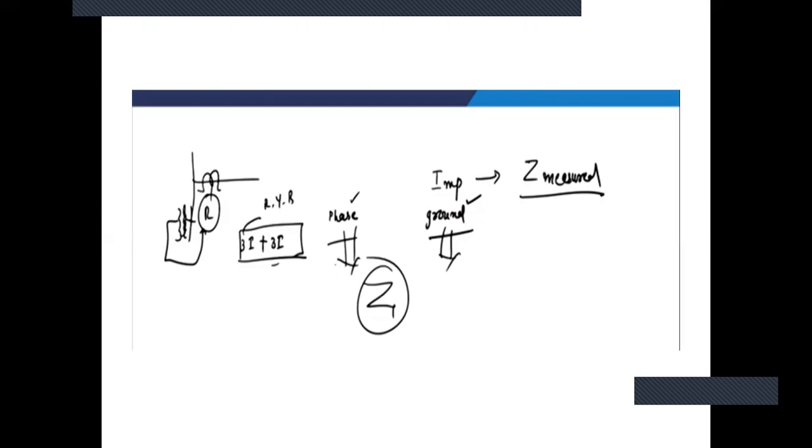So what value we give means the value of the current and the value of voltage. This is not I, this is actually V. So three currents and three voltages.